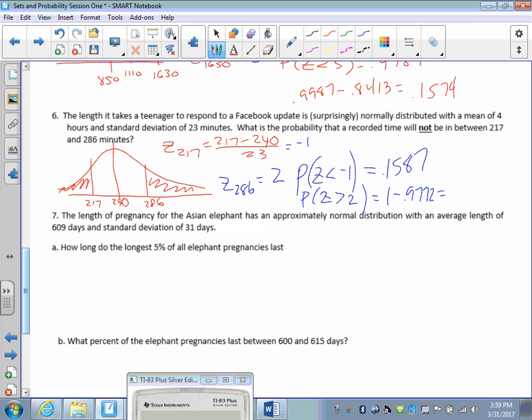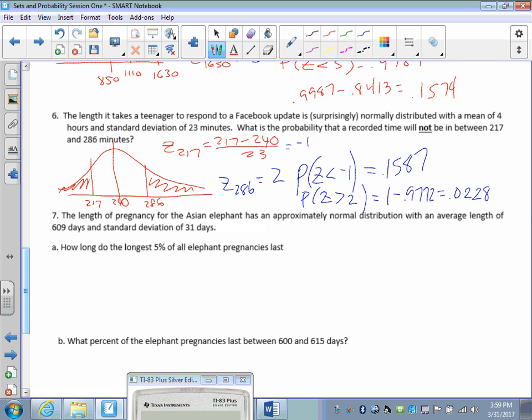Which turns out to be 0.0... let's see, what is that? 7 from -2, 7 from -2, 9 from 9, so 0.0228.